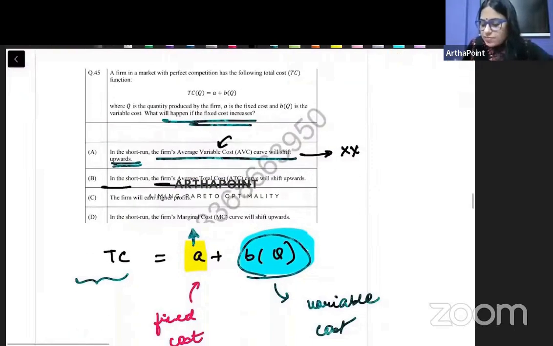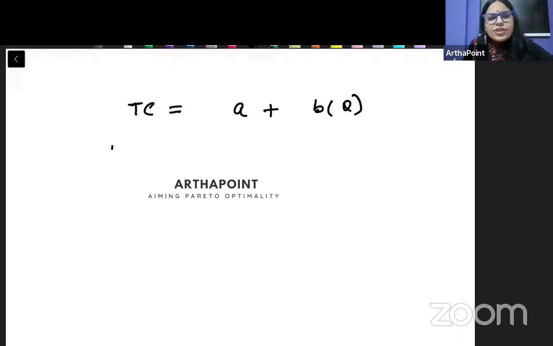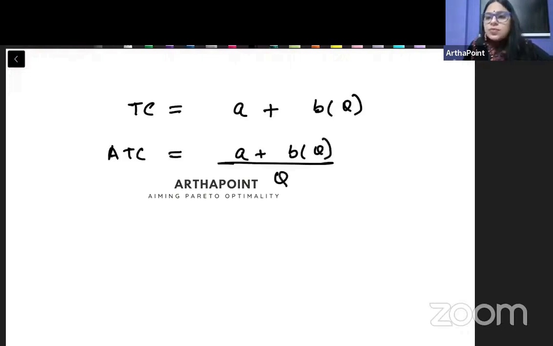In short run, firm's ATC will shift upwards. Now look, the total cost function is given as A plus BQ. What will be your average total cost? It will be total cost divided by output. It will be A by Q plus BQ by Q. Right, beta?